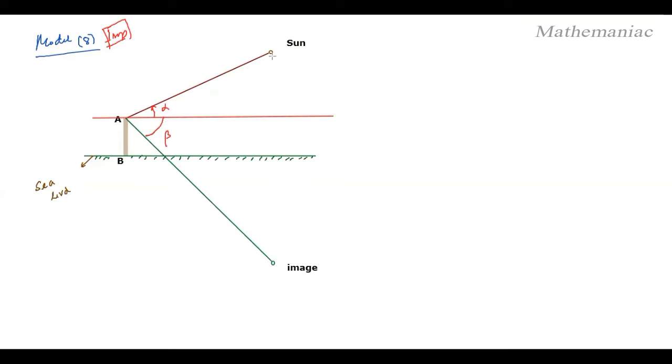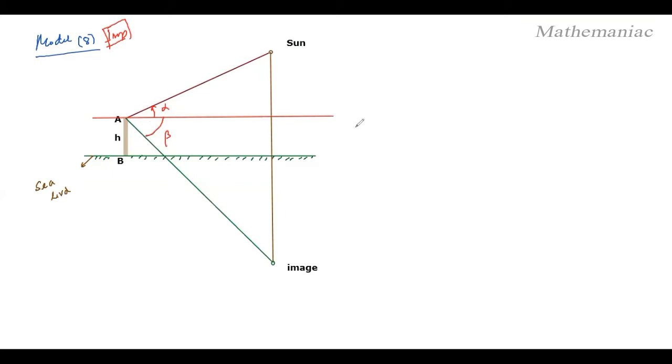Also, one more thing we have to join so far. Till now, I did not tell you what the question is. Now I am going to tell you. So we join this. Now the question will be coming. I'll be giving you the height of the tower, or rather the height at which you are sitting at point A and observing the sun and the image.